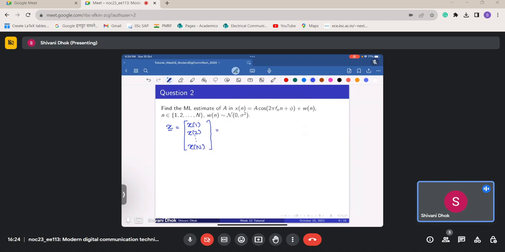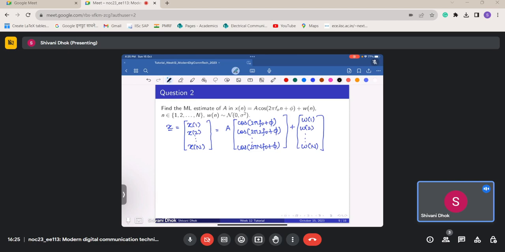And I can write this as A times cos 2 pi f naught plus phi, cos 2 pi 2 f naught plus phi, up to cos 2 pi N f naught plus phi, plus w1, w2, up to wN.